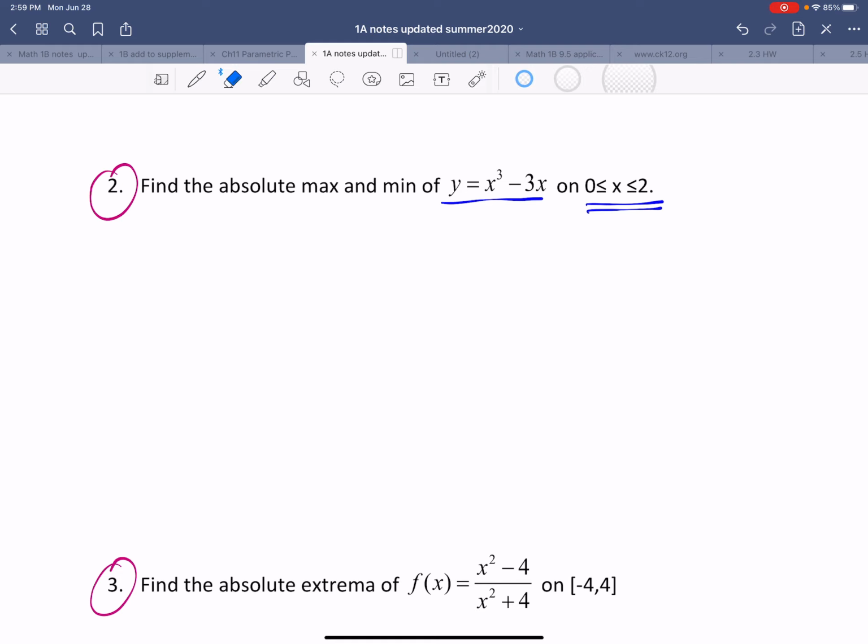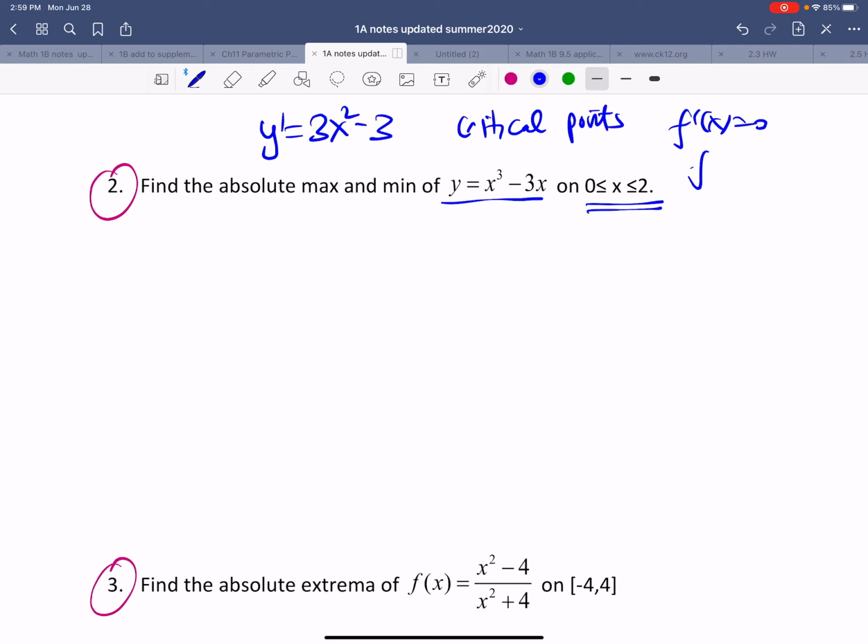So they do exist. There's a guarantee that we have an absolute max and min. So let's go ahead and find the derivative. The derivative is 3x squared minus 3, and then find the critical points. Critical points are the ones where either f prime of x is 0 or f prime of x is undefined.